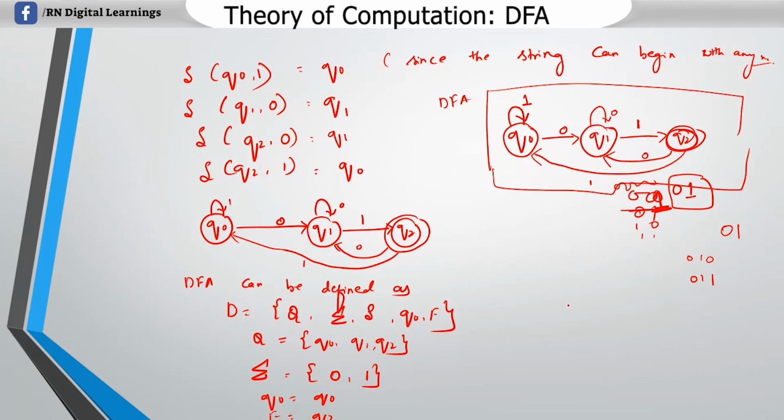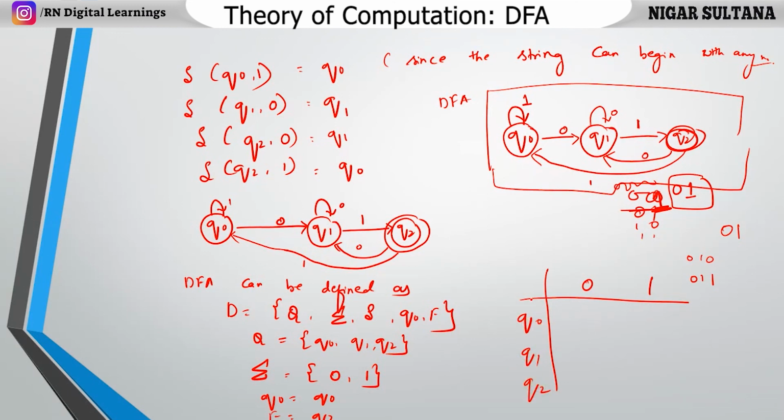Now let's draw the table. Input symbols are 0 and 1. Q0, Q1 and Q2. From Q0, 0 is moving to Q1. 1 is moving to the same state, Q0. Now, from Q1, 0 is moving to the same state, that is Q1, and 1 is moving to the state Q2.